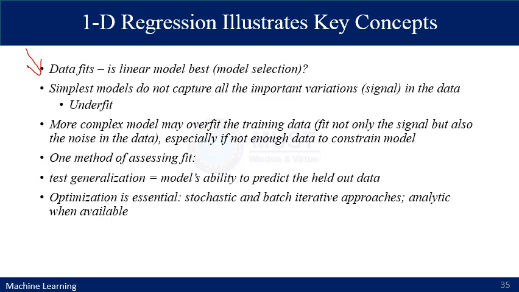For example, if you have chosen a linear model but your data is more complex, it will not capture all the important variations or signals in the data. This will result in underfitting. On the other hand, if your model is more complex, it may overfit the training data. That means it will fit not only the signal but also the noise, especially if not enough training examples constrain the model.